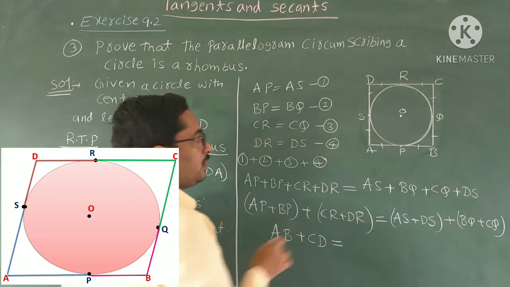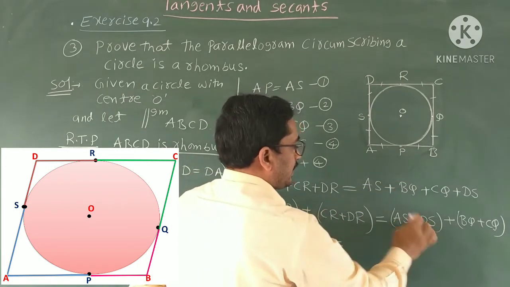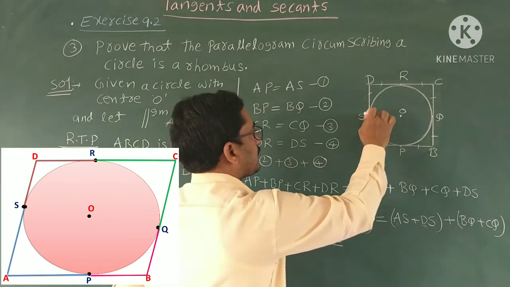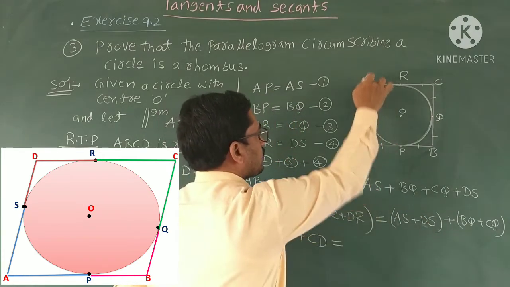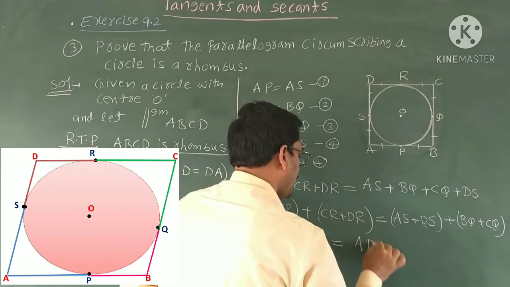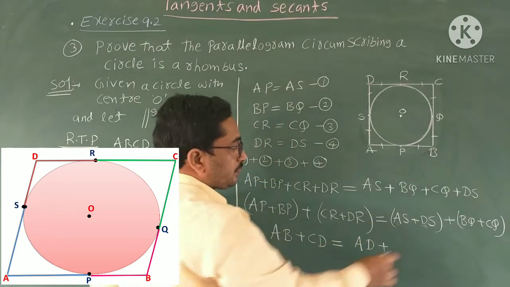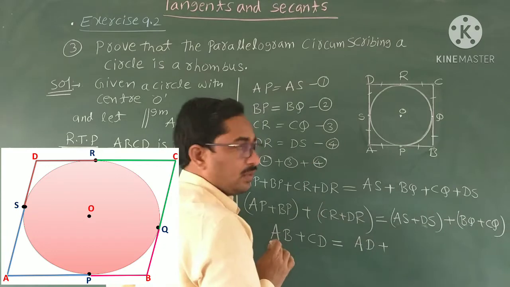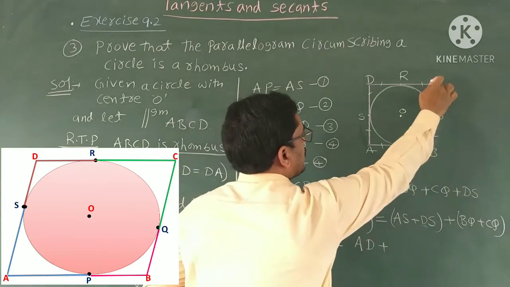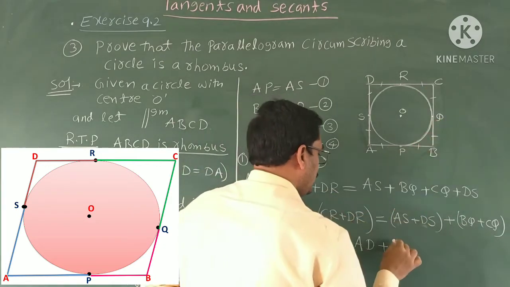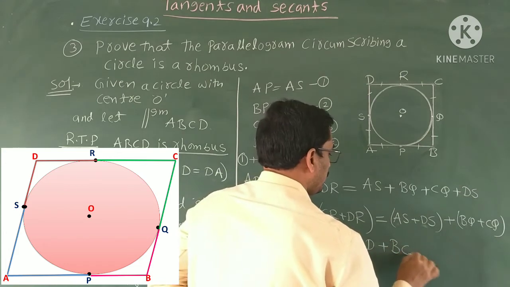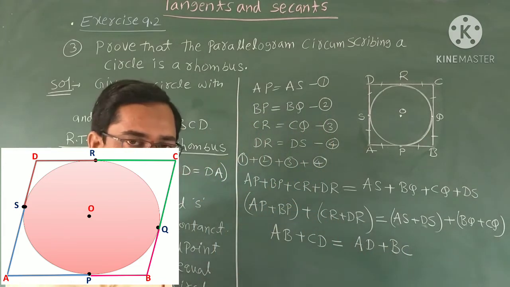Next AS plus DS, the sum of these two is the complete length AD, plus BQ plus CQ, which is the complete length BC.